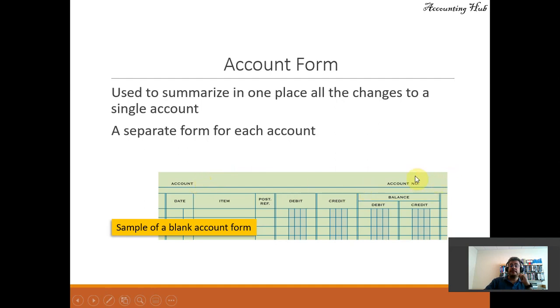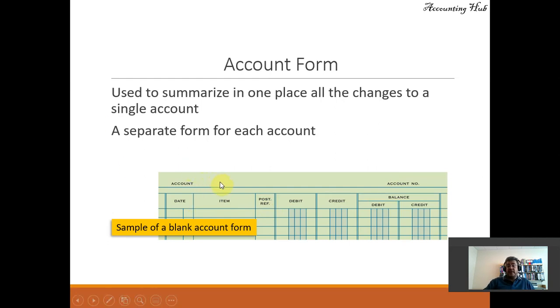For instance, how do we use it? Account number, the number of our account in our chart of accounts, date, items, what we are doing. Here we will leave it blank. Post ref, what is the other account? For instance, we are purchasing supplies. So we debit supplies, credit cash. Let's consider we are working with cash.